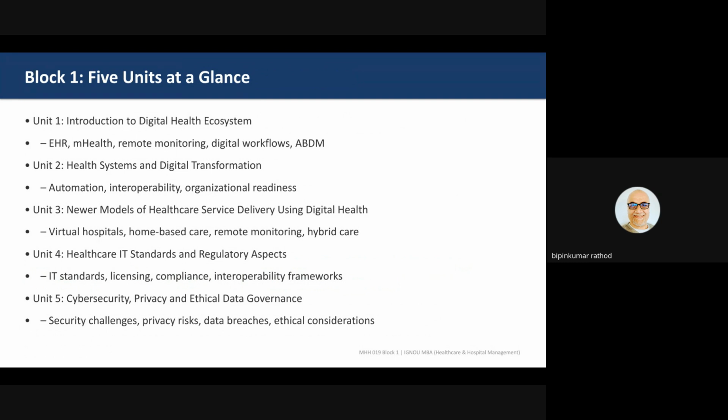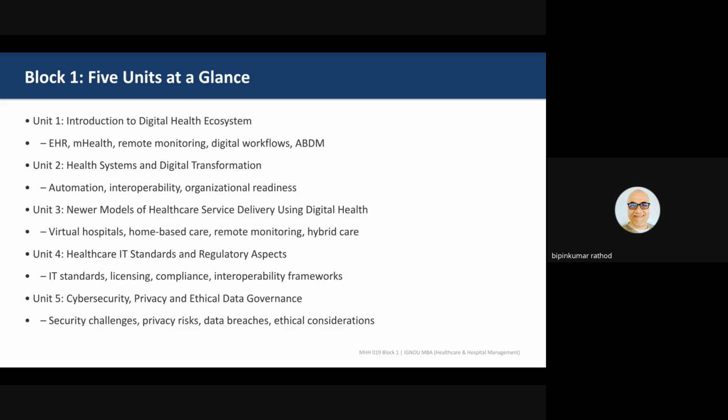In Unit 2, we will deal with health system and digital transformation: what sort of new service models are emerging with the advent of new digital health tools and technology. We will take a few examples of virtual hospitals, home-based care, remote monitoring, and what sort of hybrid care is emerging in corporate hospitals and government hospitals.